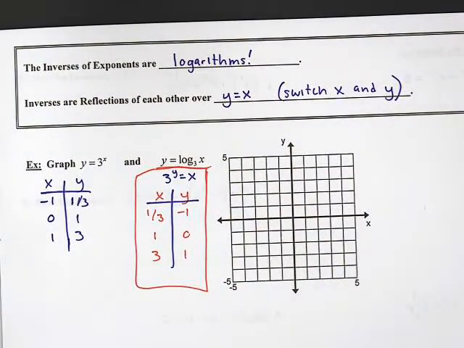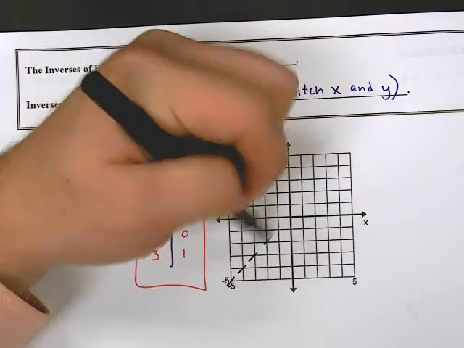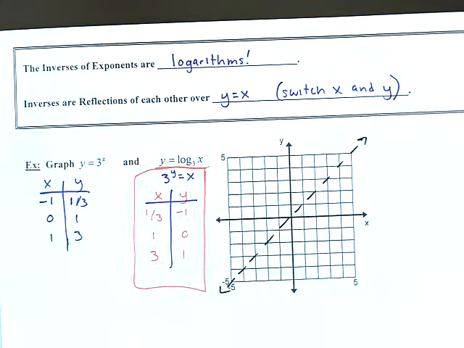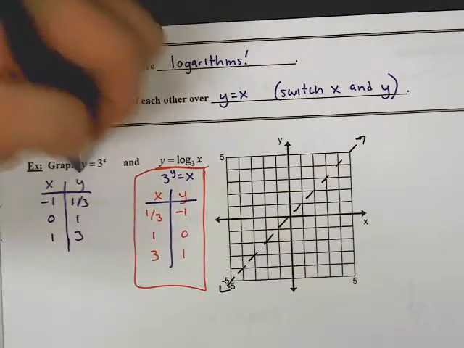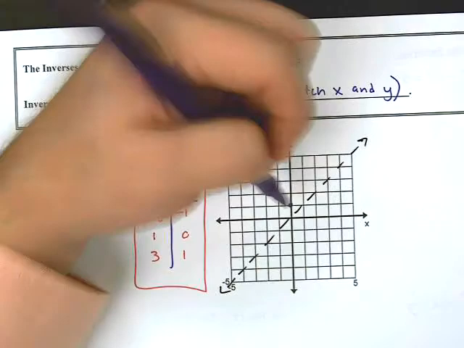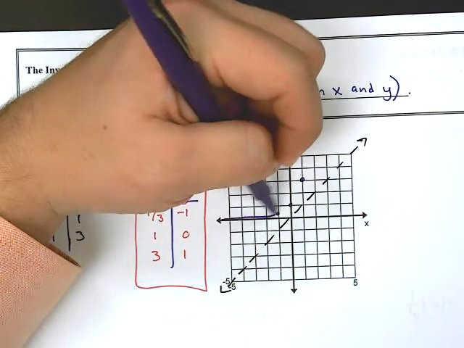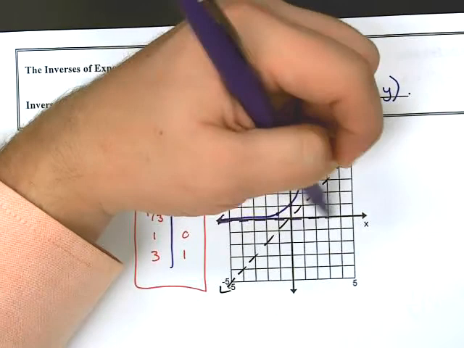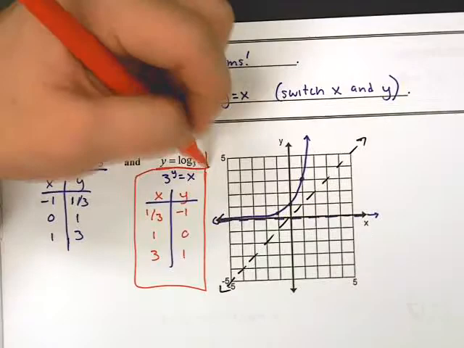Now graphically, we should finish this up, because I want to make sure you're aware that they should be exactly reflected over the line y equals x that I just dashed in. So let's go purple over here, and let's plot 0, 1, 1, 3, -1, 1/3, sketch it with a horizontal asymptote, and now let's go red.